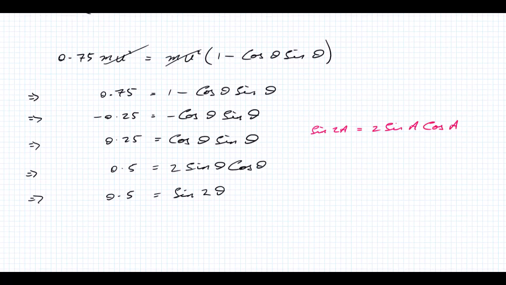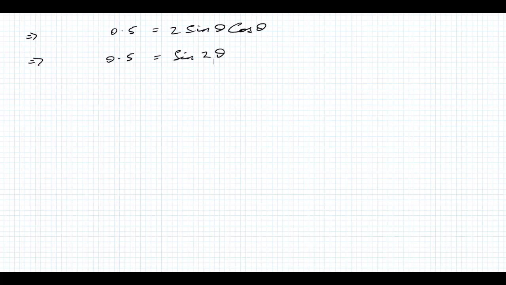Okay, so let's just look at this then to try and work out what theta is. Now if we look at our Argand diagram here, we need an angle that has a sine of plus 0.5. So sine is positive in the first quadrant, sine is positive in the second quadrant. We know that sine of 30 degrees will give us a half, so this here must be 30 degrees.